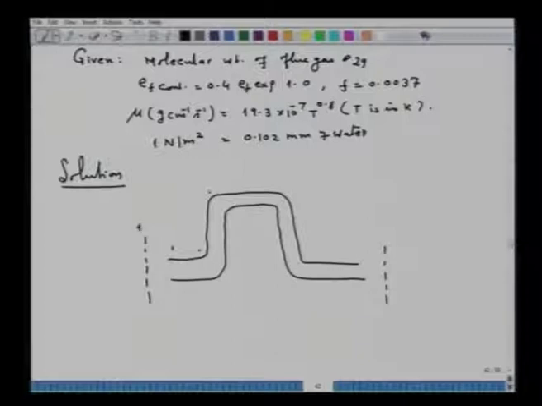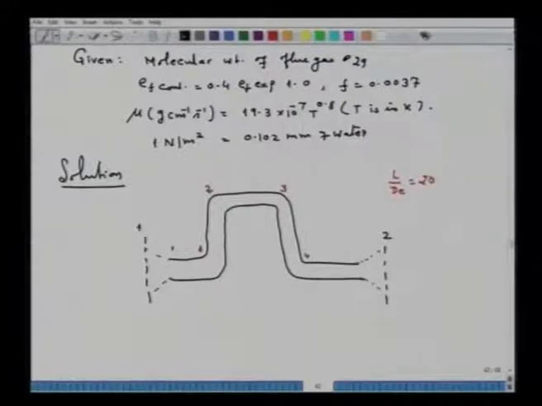This is my plane 1, this is my plane 2, and as such this is here expansion and this is here contraction. So EF1 contraction is given, EF2 expansion is given. So I will apply now. So this is the band 1, this is the band 2, this is the band 3, this is the band 4, and L by DE for each band is given to be equal to 20.